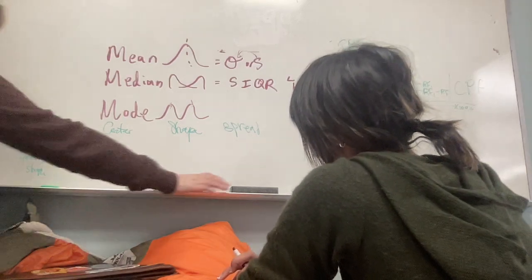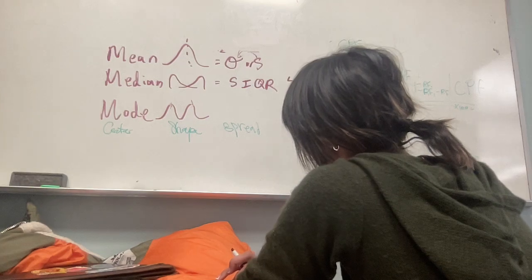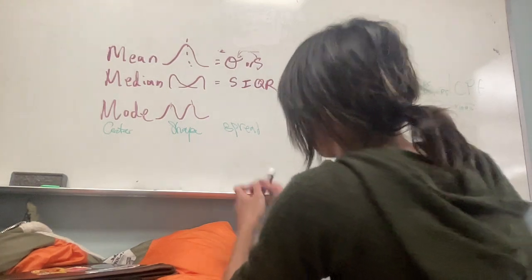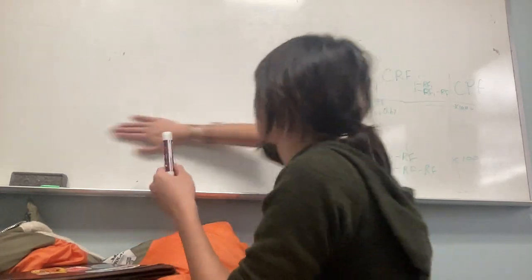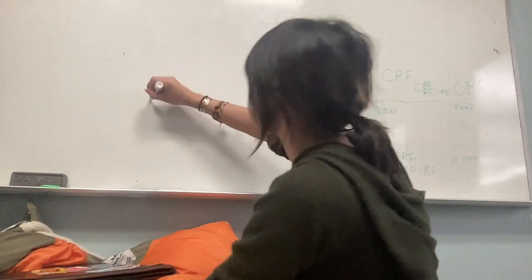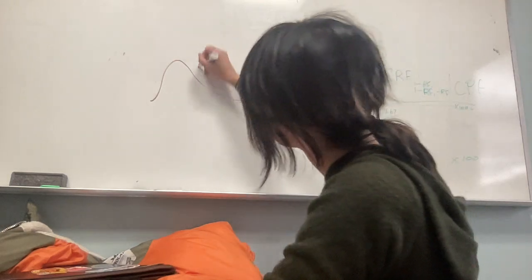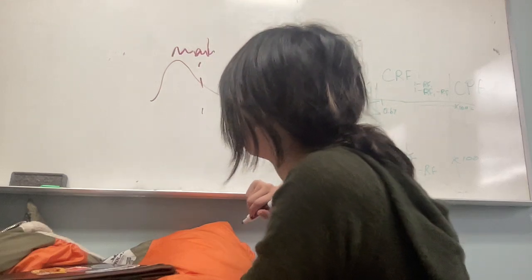Sweet. What else? So pop quiz. What center would you want to use if it looked like this? Median. Because what happens to the mean?